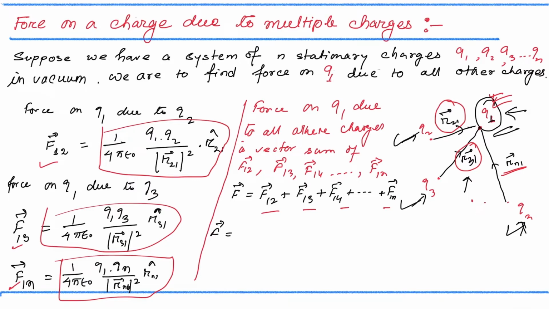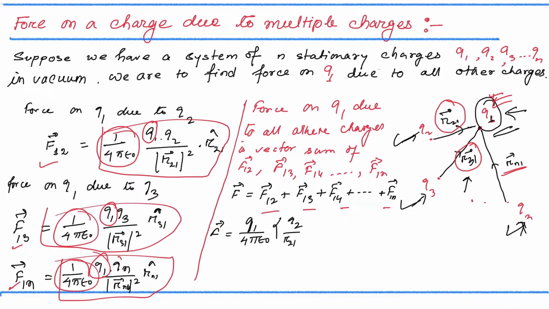Then we will get F is equal to, taking 1 by 4 pi epsilon naught common. We can take this part common from all these values. Also we can take Q1 common, since in all expressions we have Q1, right? Then what you will get?